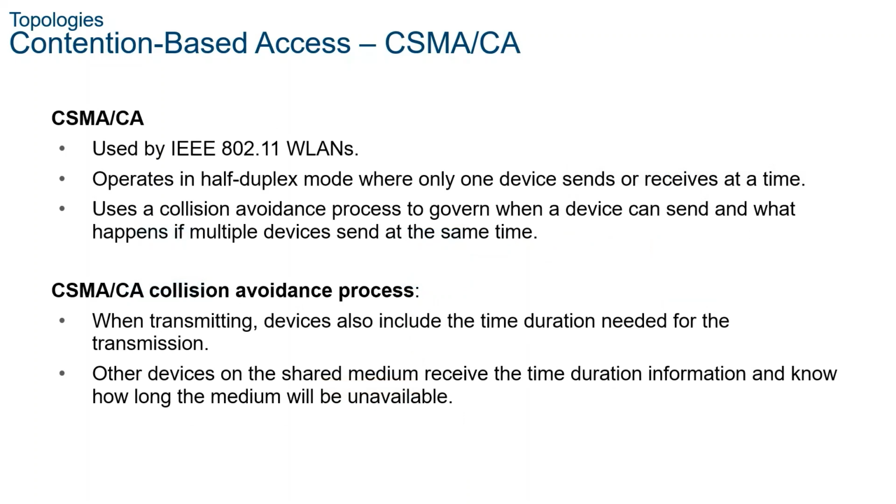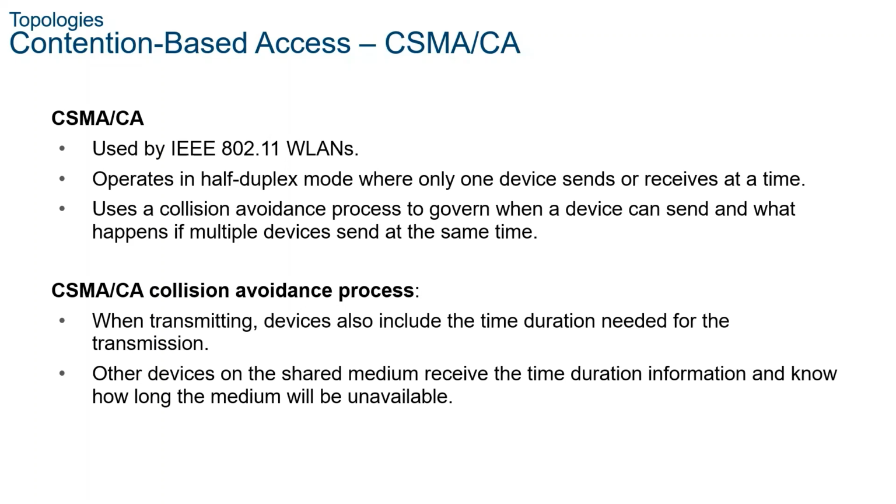Another form of CSMA, used by IEEE 802.11, which pertains to the wireless LAN, is carrier sense multiple access with collision avoidance, CSMA/CA. Now, CSMA/CA uses a method similar to CSMA/CD to detect if the media is clear, but it uses additional techniques.